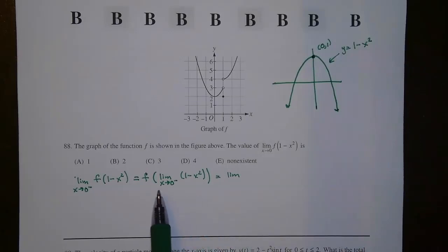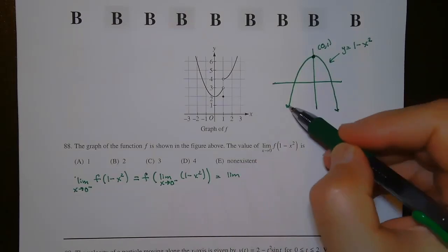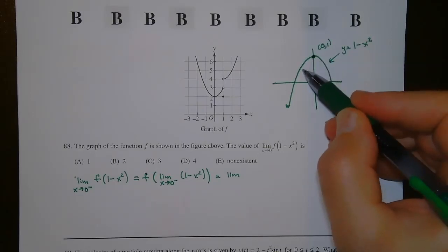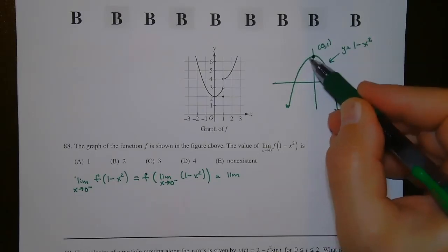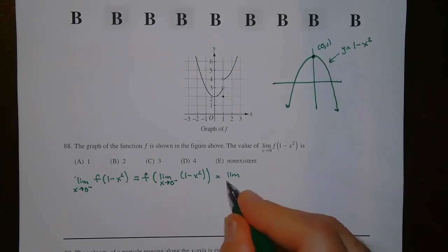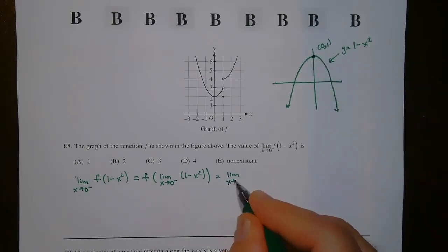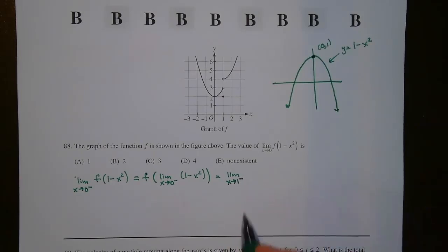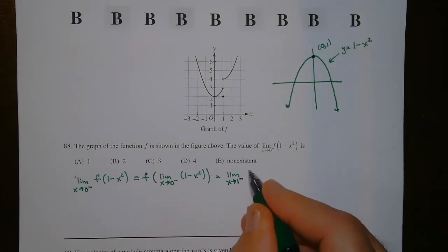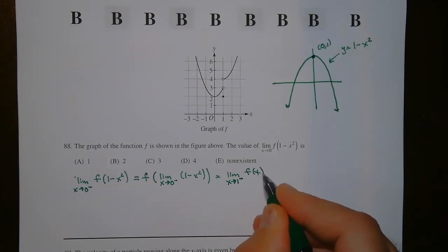So as the limit as x approaches 0 from the left of 1 minus x squared, we're getting closer and closer to 1, but from underneath 1, from less than a y value of 1. So this becomes the limit as x approaches 1 from less than 1, from smaller values, of f of x.